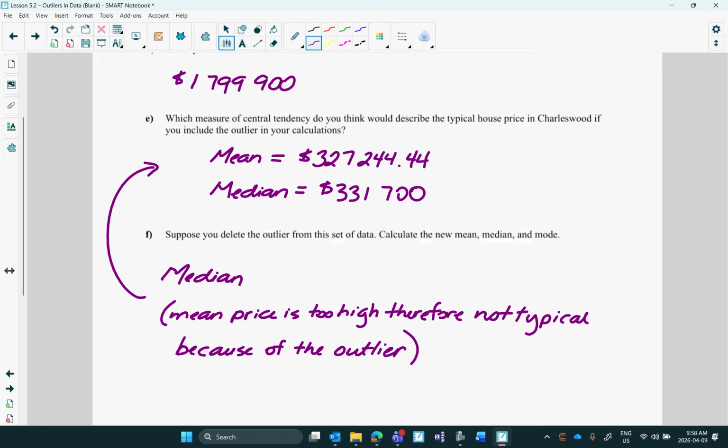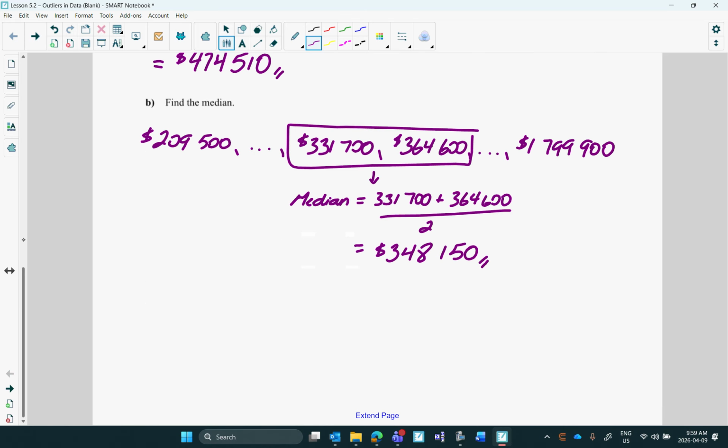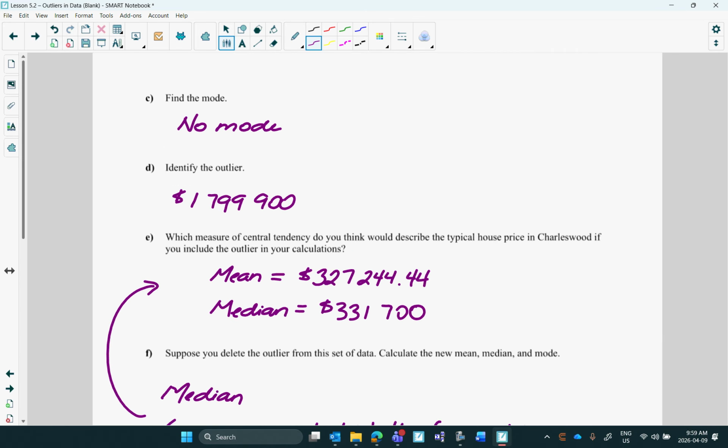But notice when you take out those outliers, the mean drastically changes, but the median didn't change that much. Like, remember, the original median was 348. And it changed to 331. That didn't change that much. But this really came down. Okay?